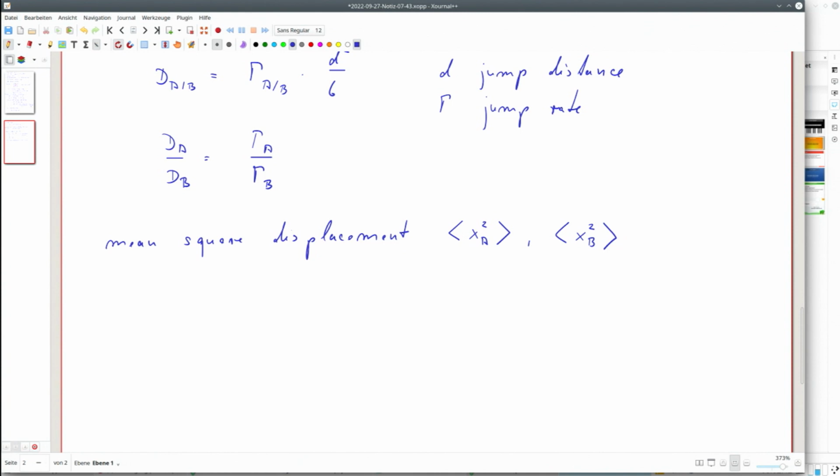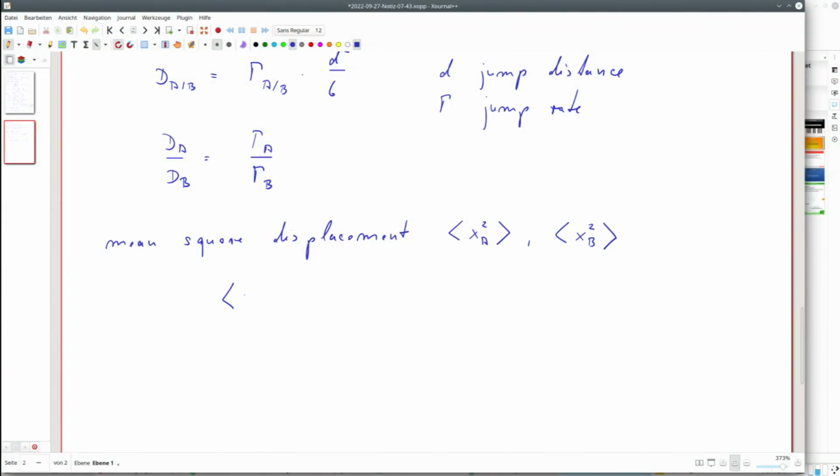Yeah, here you take this statistical average just by tracing the time. And for this simple relation, and same for B.